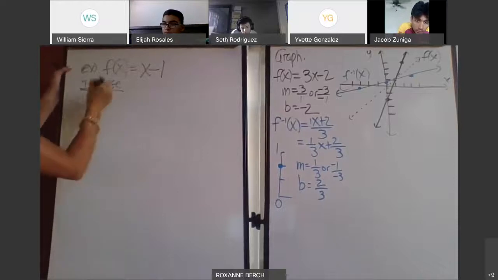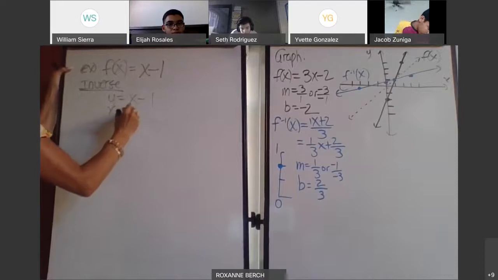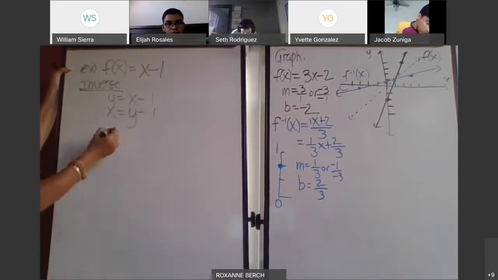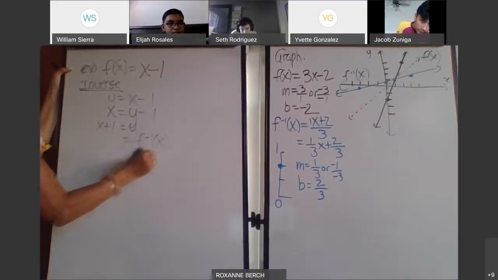So you go through the steps: change f of x to y, switch x and y, solve for y, change y to the notation for inverse.